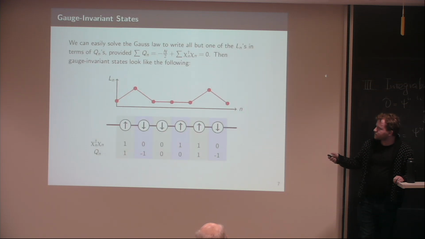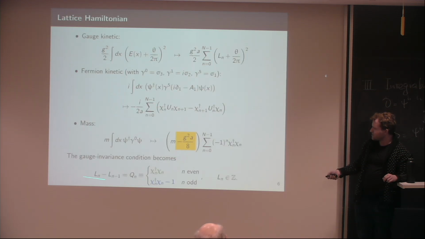All right. So let me just show you what the gauge invariant states look like in this model, because that's what we really need the analogy for in the adjoint case. What we need to do to satisfy the Gauss law is to have the sum of all these charges, which I showed you on the previous slide, add to 0, simply because if I add up this equation going all the way around a periodic lattice, I have to get 0, and that's the sum of the Q_n's.